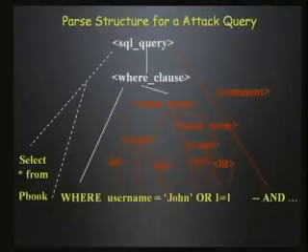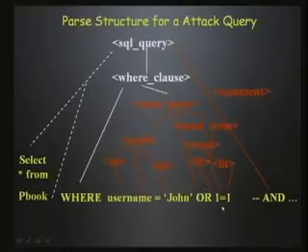Now consider the parse tree structure for an attack query. First of all, the query actually has a where clause. In addition, it has a comment. The left hand side is the same. It has a where clause and it has a comment. And then you have a condition term, but the condition term contains an OR.